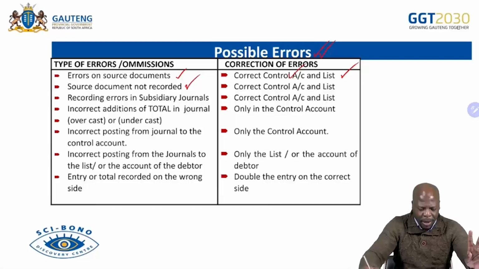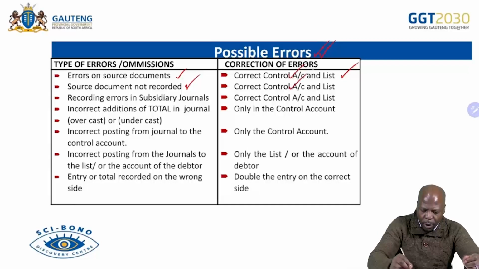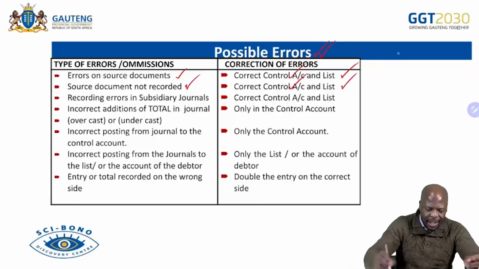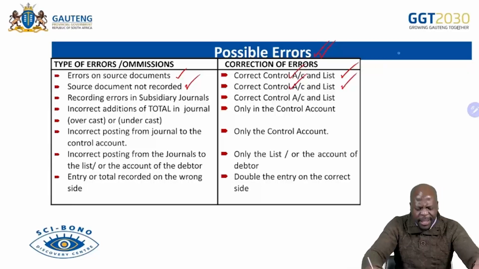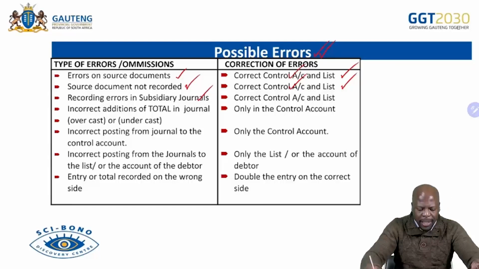It's completely not considered. Therefore, if we are to reconcile, we need to put it in both places. So my point number 2 is when a source document is not recorded at all, it never was recorded, it should then go to the control as well as the list. If there is a recording error in the subsidiary journals, it depends on the type of error, as you're going to see.